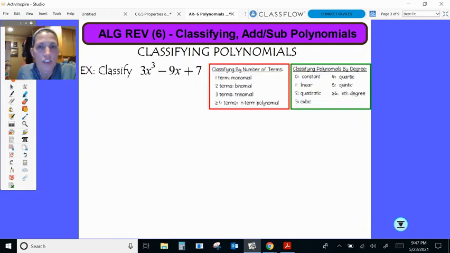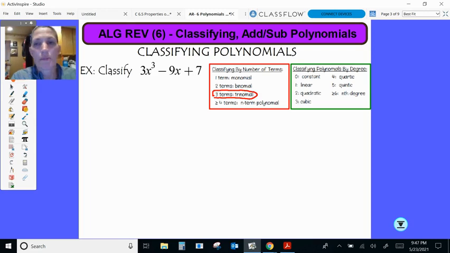Okay? So let's go ahead and practice this. So first of all, let's classify it by the number of terms. And first of all, is it simplified? It is simplified. There's no like terms. We have 3 terms, so it's going to be a trinomial.